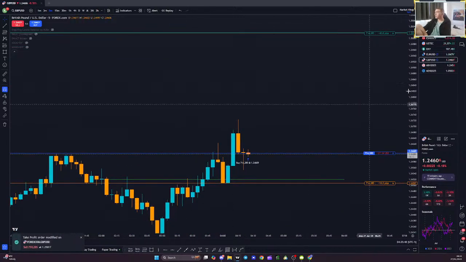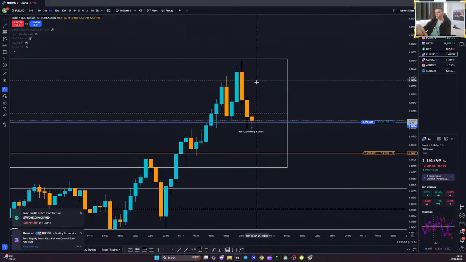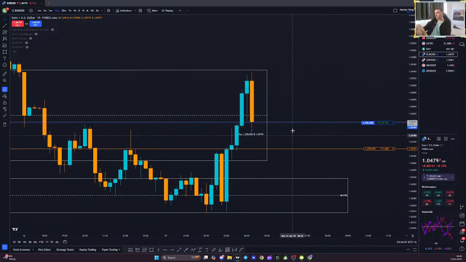And see how this plays out. Because to me that's bullish. Let's just watch how this 15-minute candle closes.